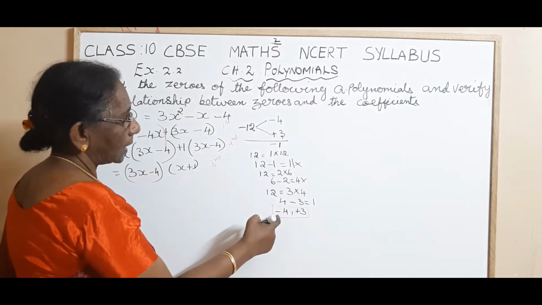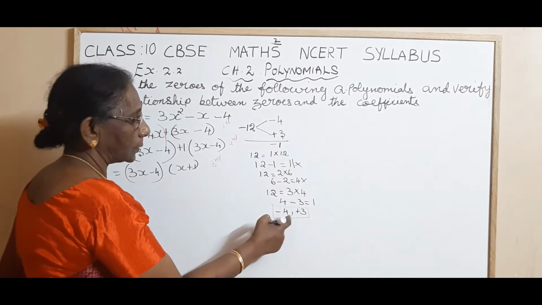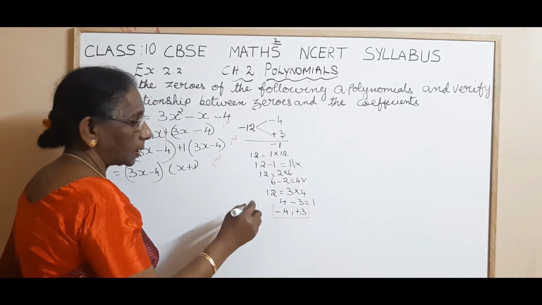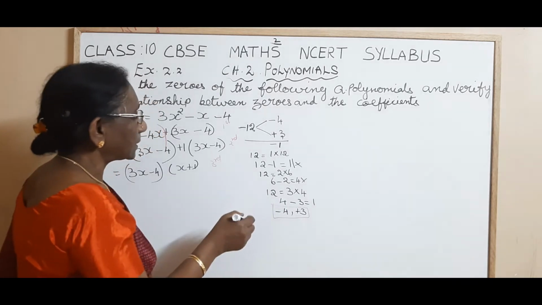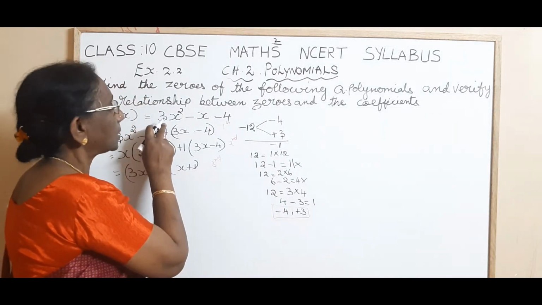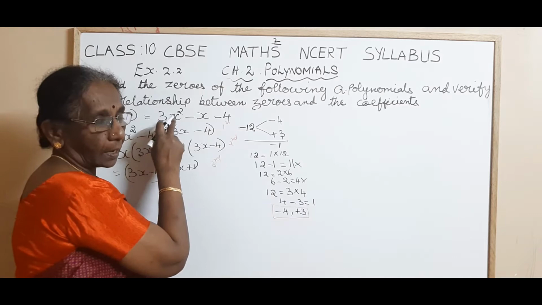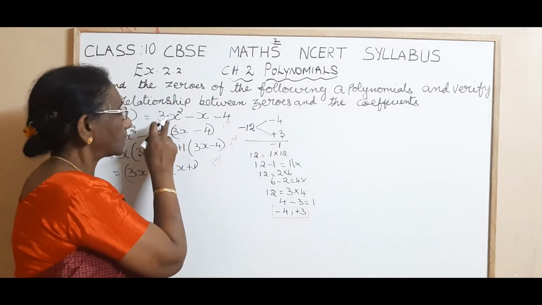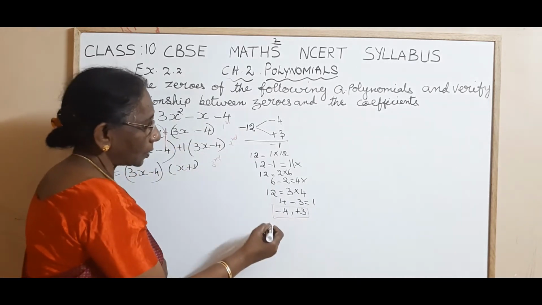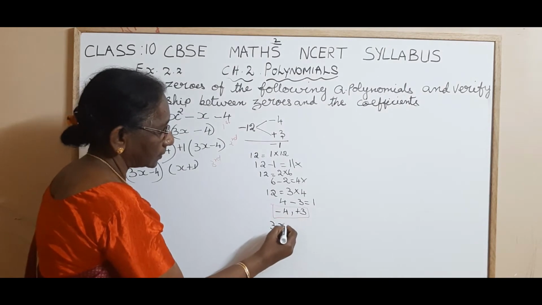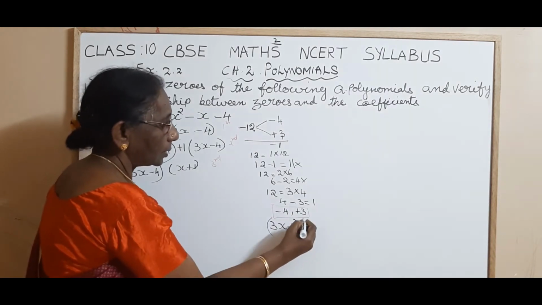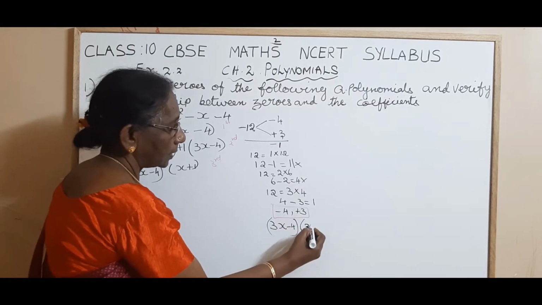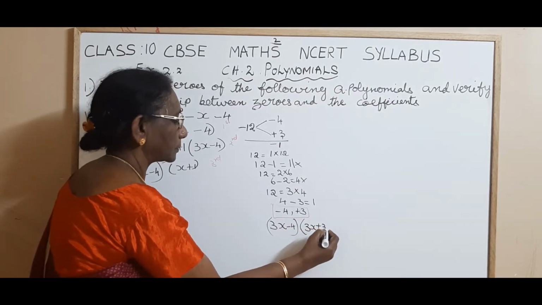What is that? Here we have calculated the parts minus 4 plus 3. So this can be written as what? What is the first term? The coefficient of x squared is 3. So you start writing with 3x. Then write the split, 3x minus 4 into, again you write 3x, 3x plus 3.